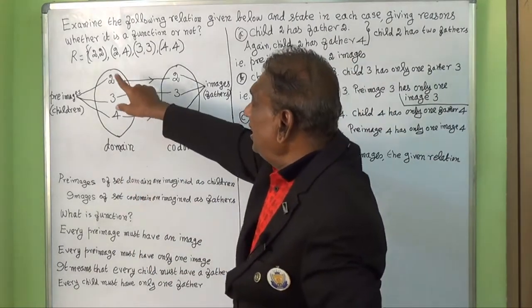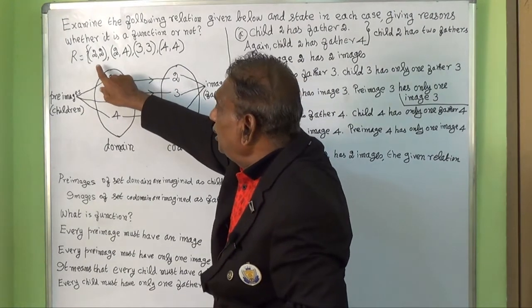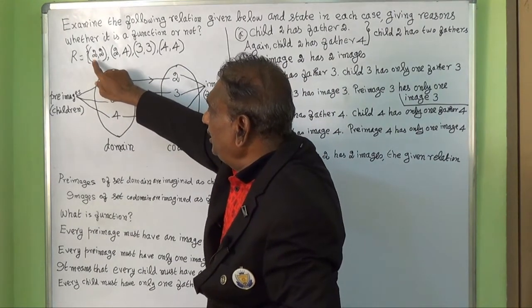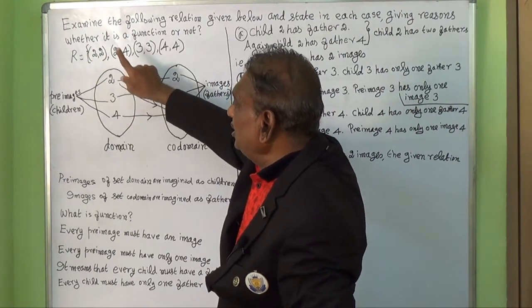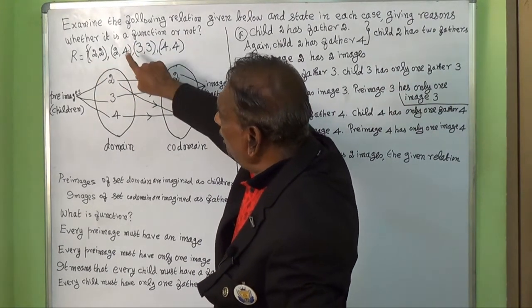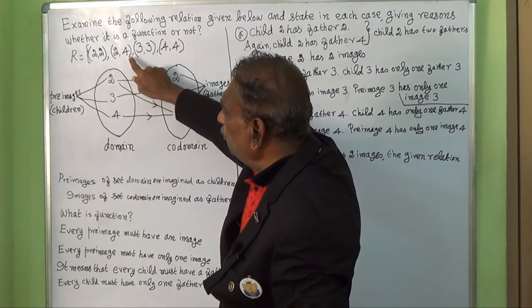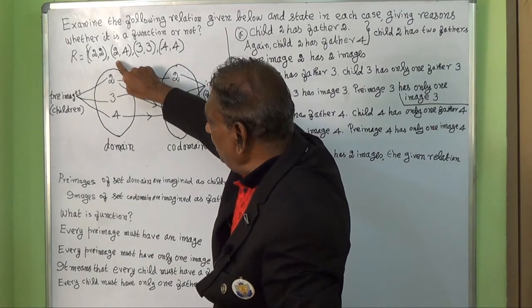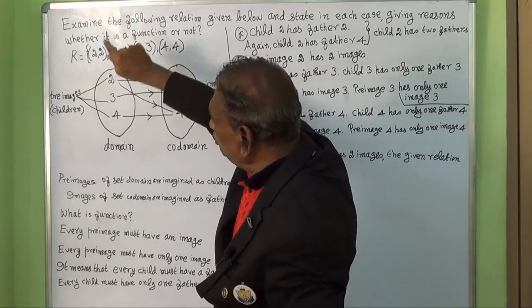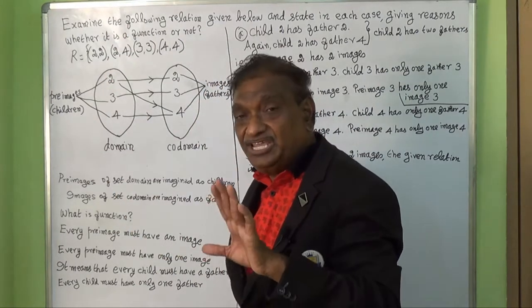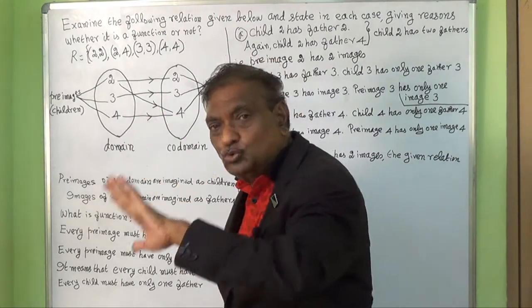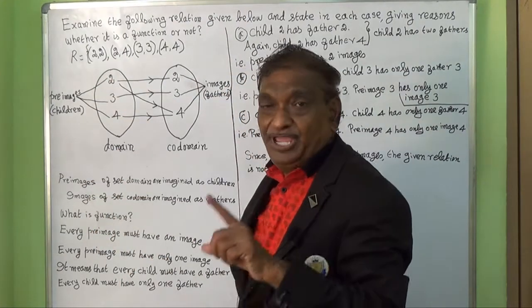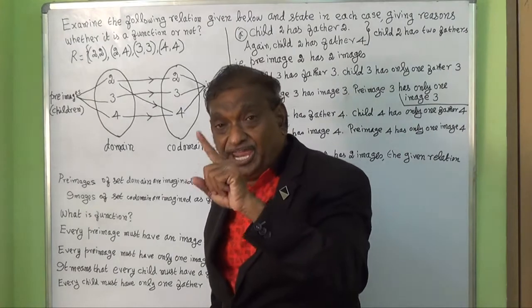On seeing the first ordered pair, the first element is 2. That is, the pre-image is 2. On seeing the second ordered pair 2, 4, the first element again is also 2. That is, the pre-image is also 2. That is, the pre-image is repeated again.